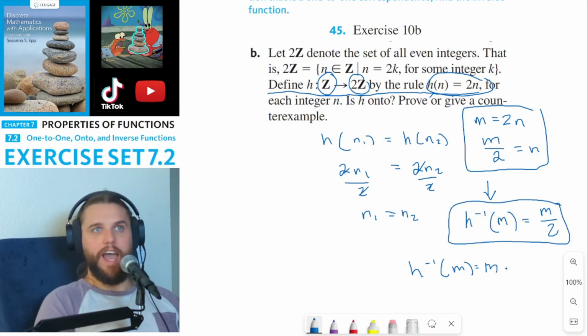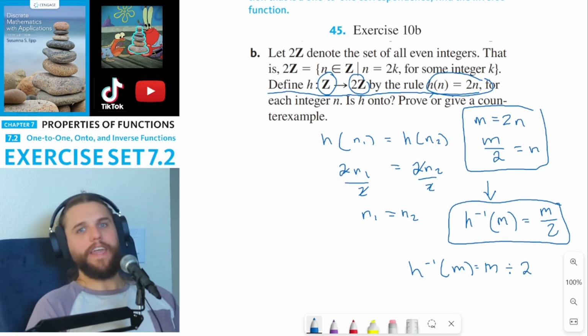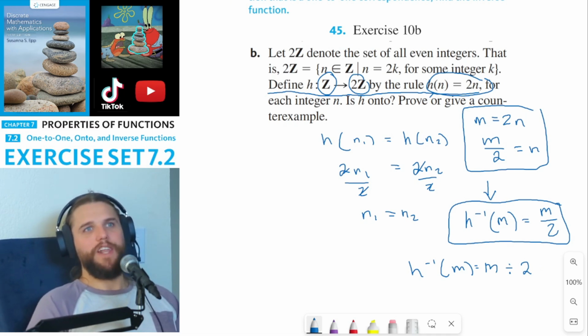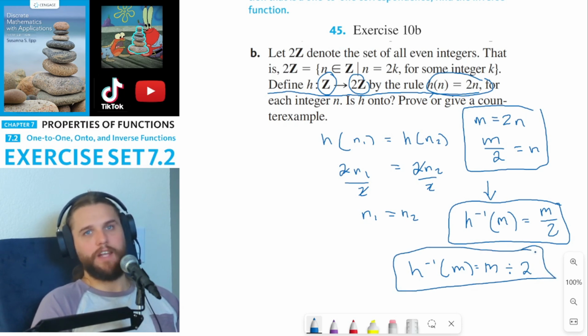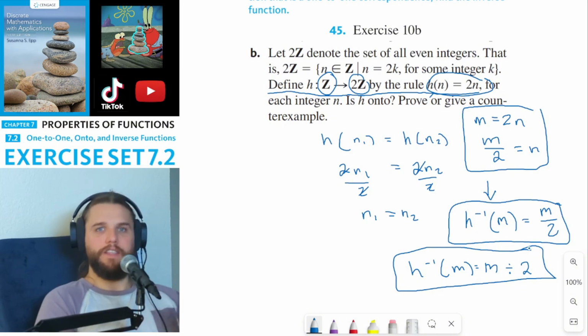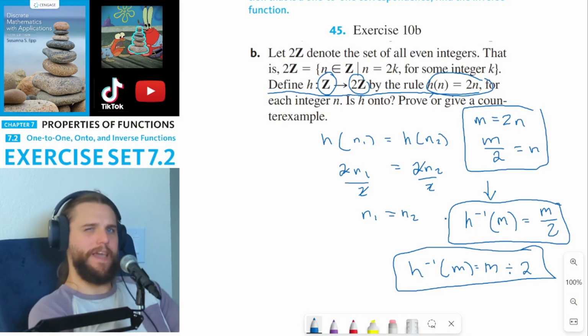And so for that, I think it might be conceptually more coherent to say m divided by 2 like this. That way, I think our outputs are represented in a better way. So I think both answers would be considered correct by most teachers, but conceptually, I think the second one makes more sense in this context.